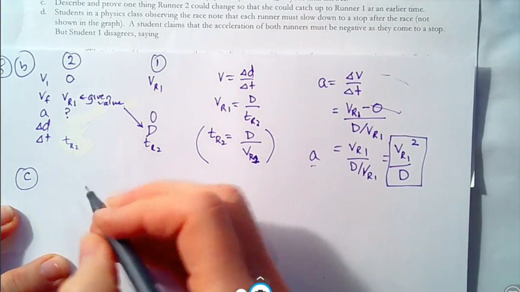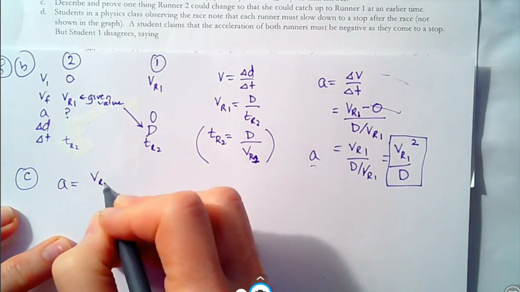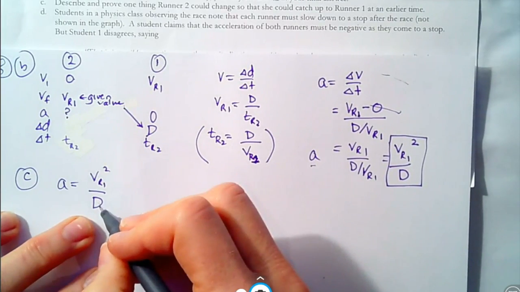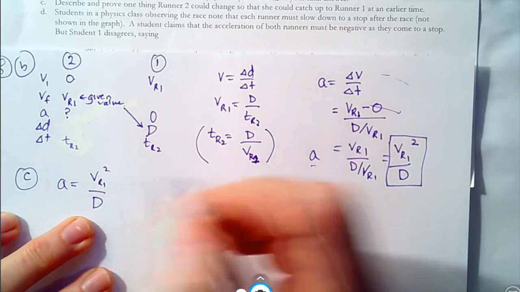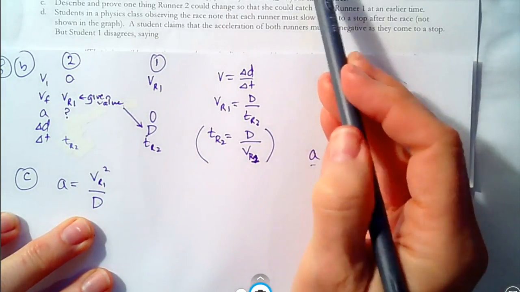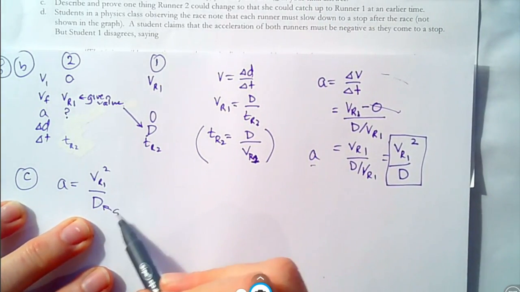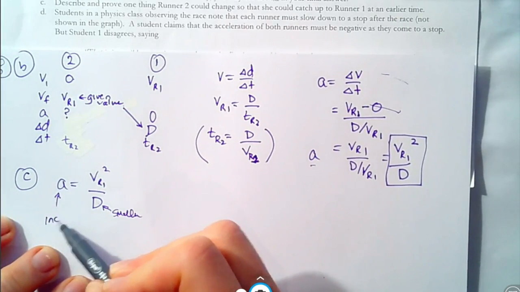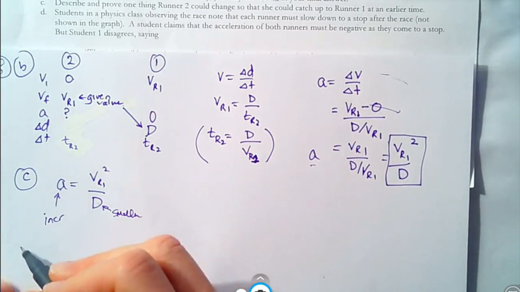And that comes right out of that derivation here. If you want to get there at an earlier time, that means you want this number to be smaller. If this is smaller, that means you have to increase your acceleration.